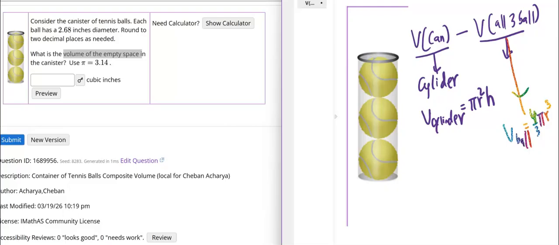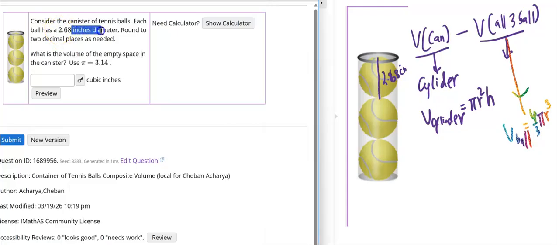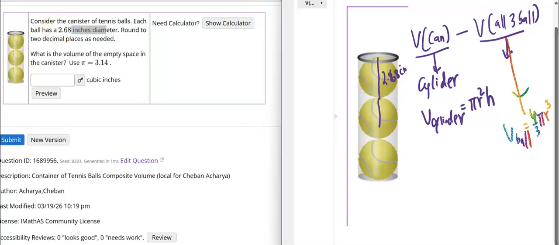To find the volume of the can, you've got to find the height of the can, the canister. So this is the diameter of the ball, which is 2.68 inches, right? Over here, each tennis ball has 2.68 in diameter. So this is 2.68, 2.68, and that's 2.68.